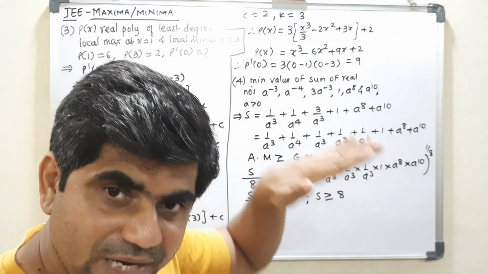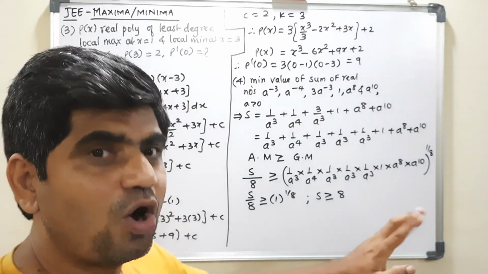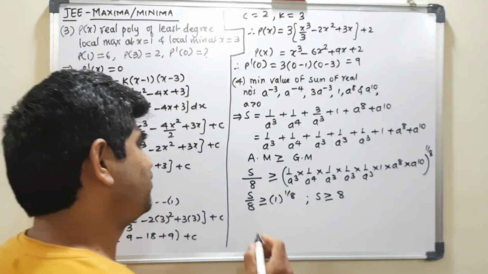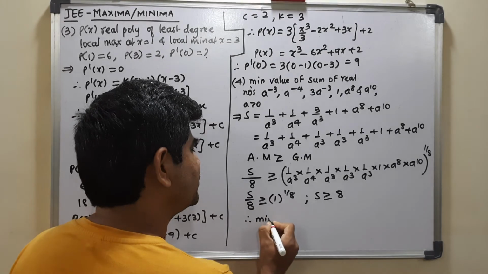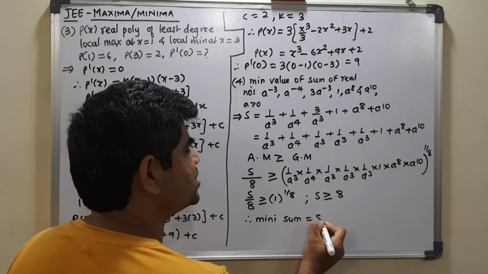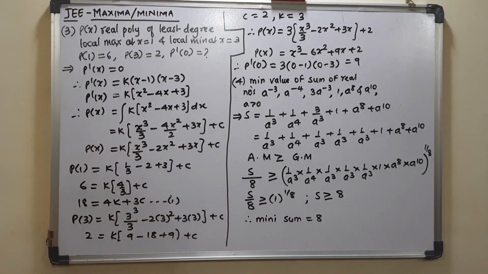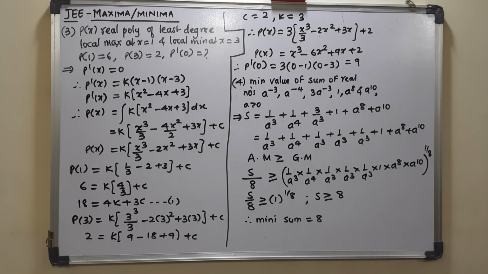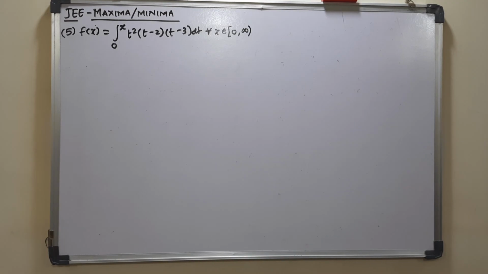Means the minimum value over here will be 8 or more than 8. So therefore minimum value of this sum is your 8. Wasn't it interesting? Enjoy with me, but keep your concepts very clear. Then it will be very easy for you to understand.